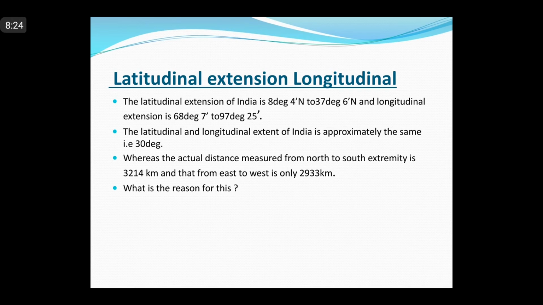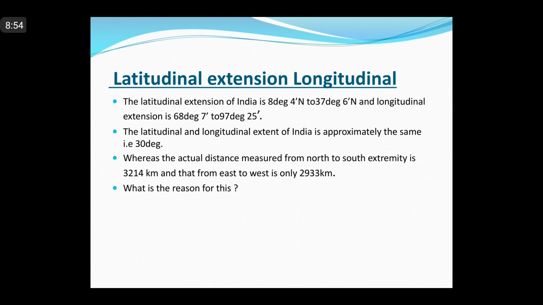It is 8 degree 4 minute north to 37 degree 6 minute north, and its longitudinal extent is 68 degree 7 minute to 97 degree 25 minute. And India lies in the northern hemisphere, so that's why we say that it lies in the northern hemisphere, and its location is south central, right?